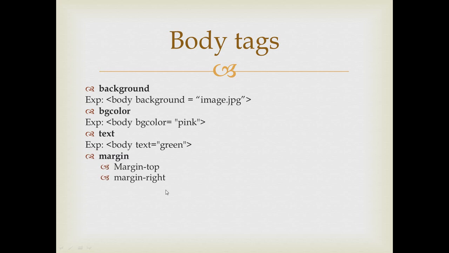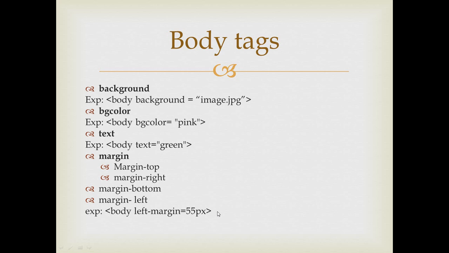And now we can apply different margins. Margin can be at any side of your page: top, right, bottom, left. So the margin will also be given in the same way. This is an example of a margin. You will start the HTML code, then body, then left with a small space, margin, and after that you will write how much margin you want to fix for your left side or the right side.